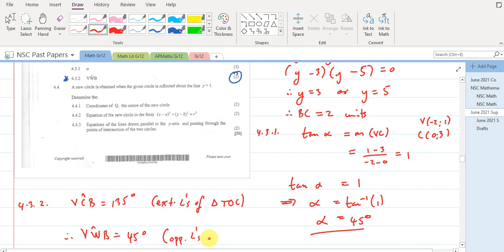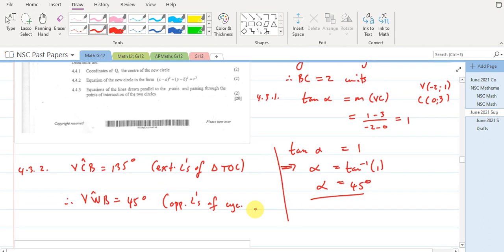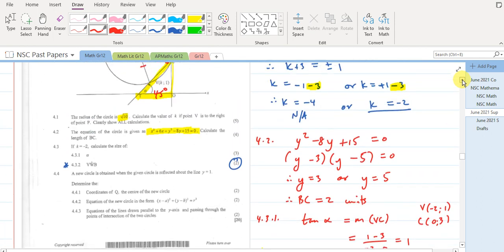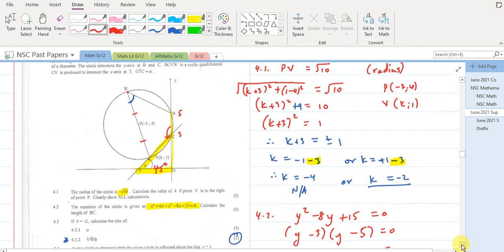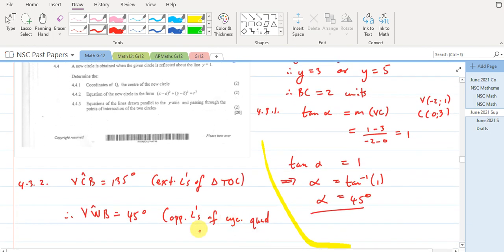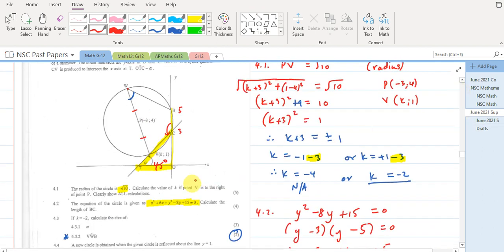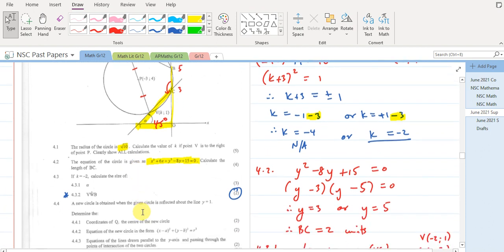Opposite angles of cyclic quad, right? That should be the reason. What's a cyclic quad? They told us BCVW. Right, lovely. That's sorted out.